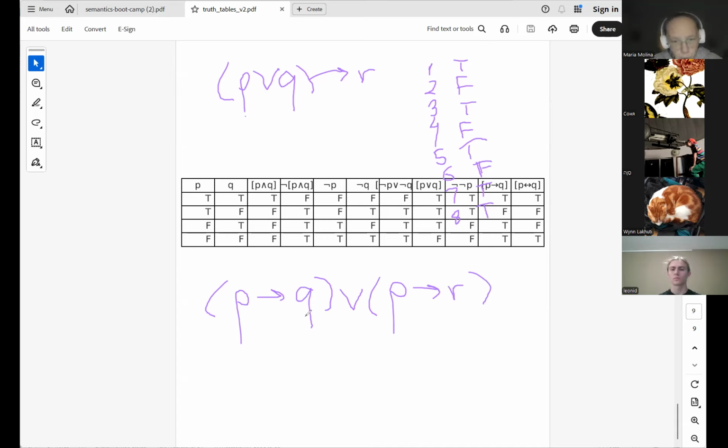P true, Q true, R true. What do we get? Do you want me to answer someone else? Okay, Sonia? I don't understand. Look over here. This is the second part of our formula, of our equation, okay?